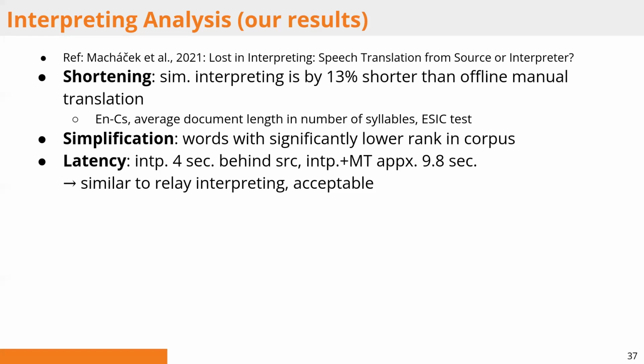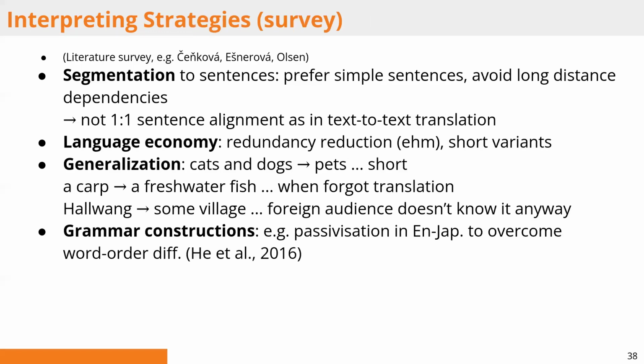So there are 2 passes of interpreting, and they add latency, but people are used to this double latency. So we assume that if a machine follows the interpreter and has this double latency, it can be acceptable by users as well. So we can focus on the research of multi-sourcing.